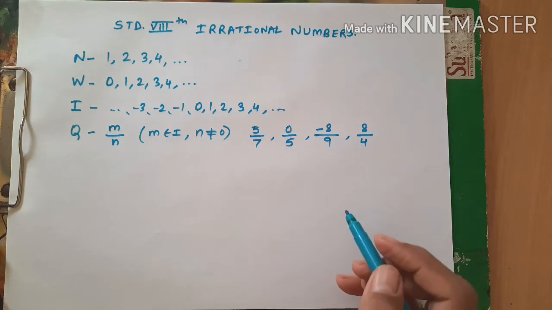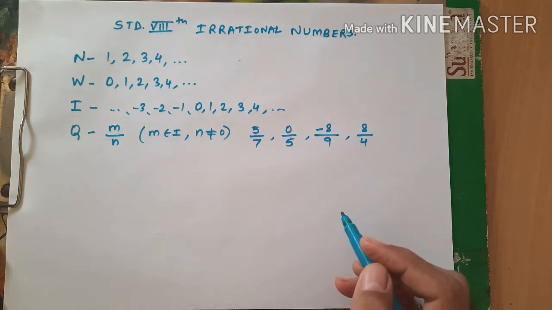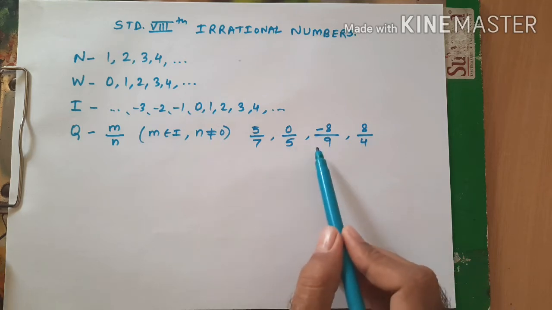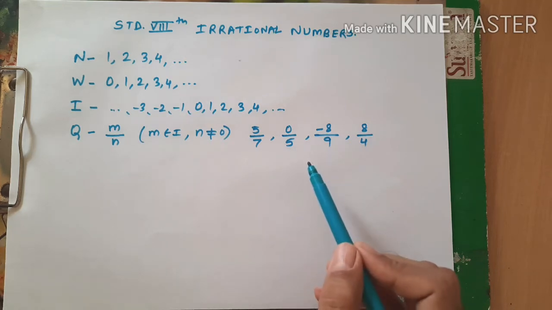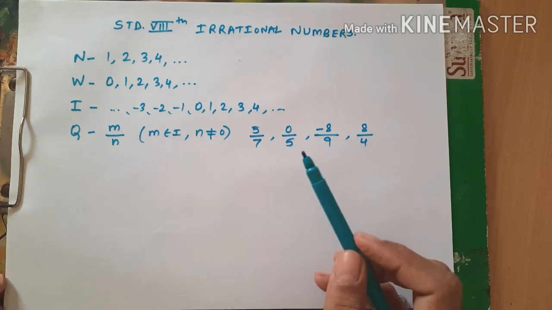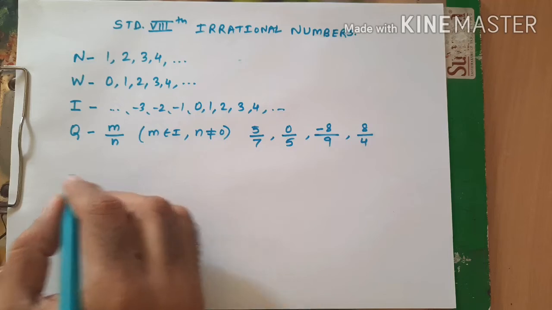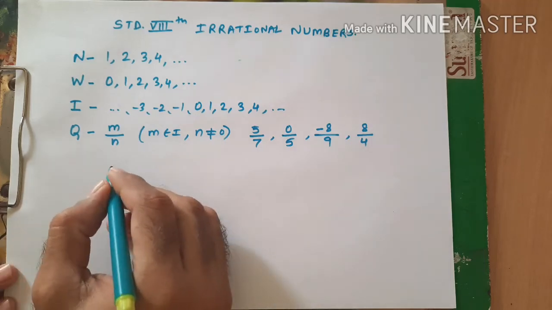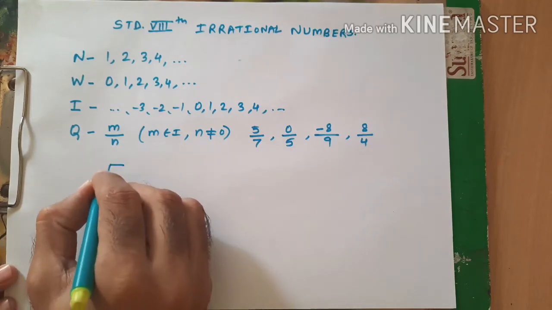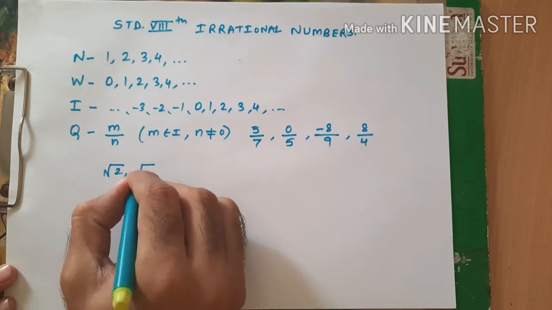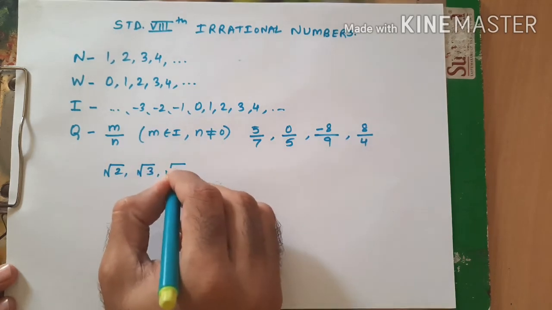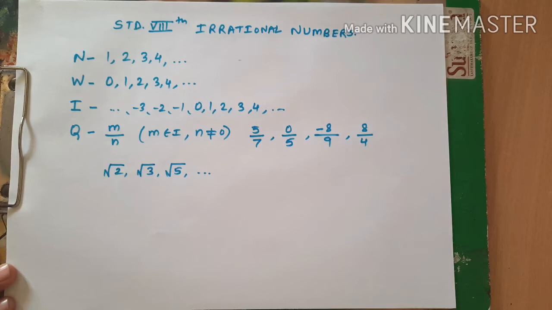Now, when we draw a number line, on that number line there are rational numbers as well as other numbers, and those numbers are called irrational numbers. Examples of irrational numbers are √2, √3, √5 and so on.